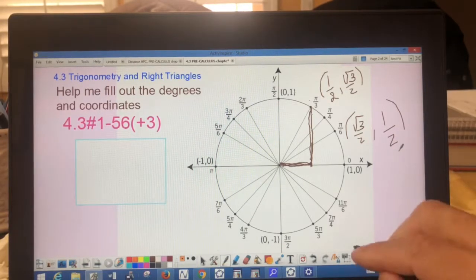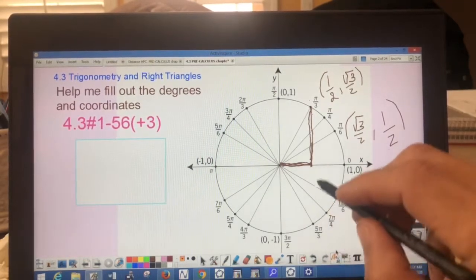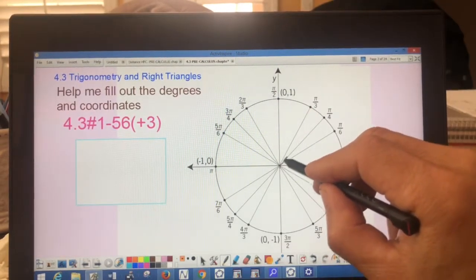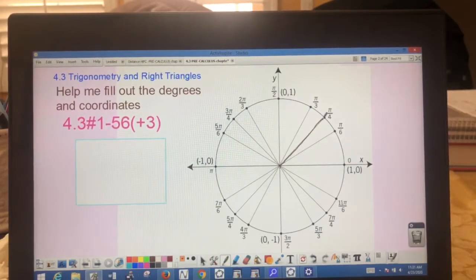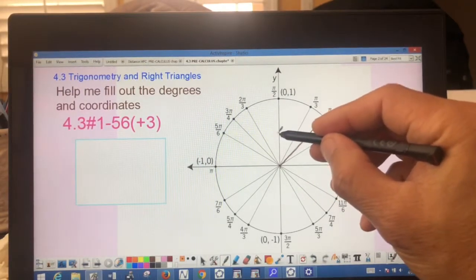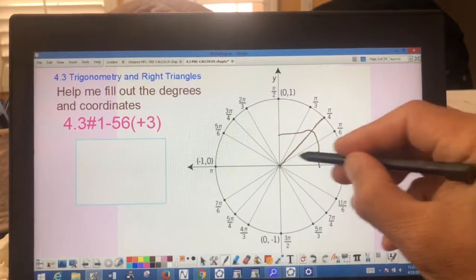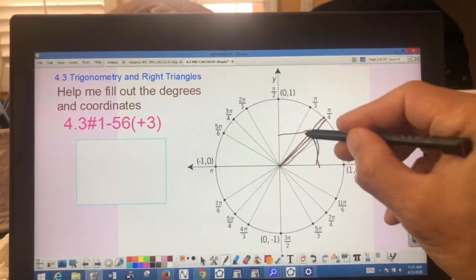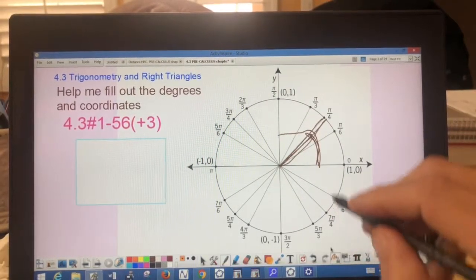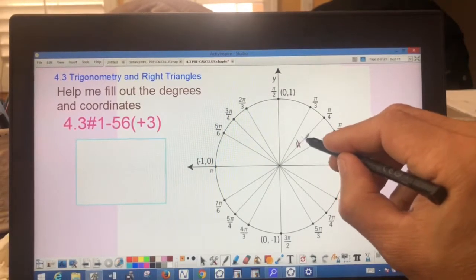The middle angle, and here's the middle angle. That is half of 90 degrees. This is 90 degrees right here, so this would be a half of that. Half is 45, so this angle is 45 degrees.